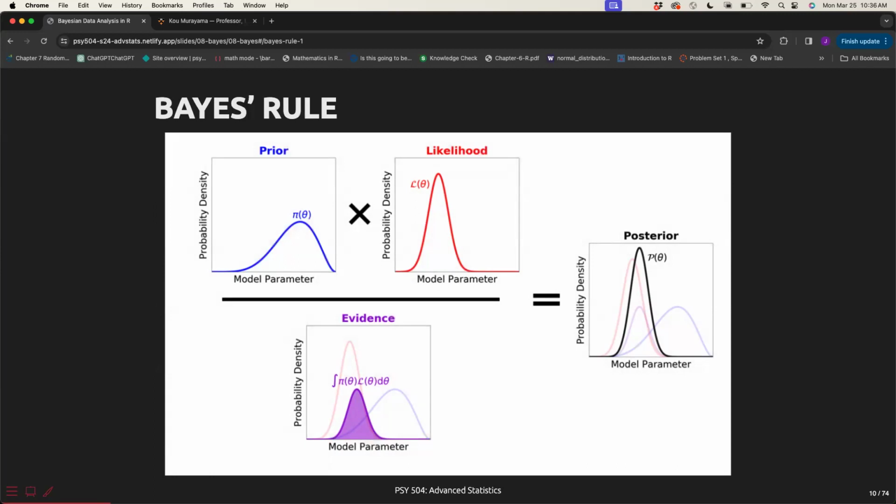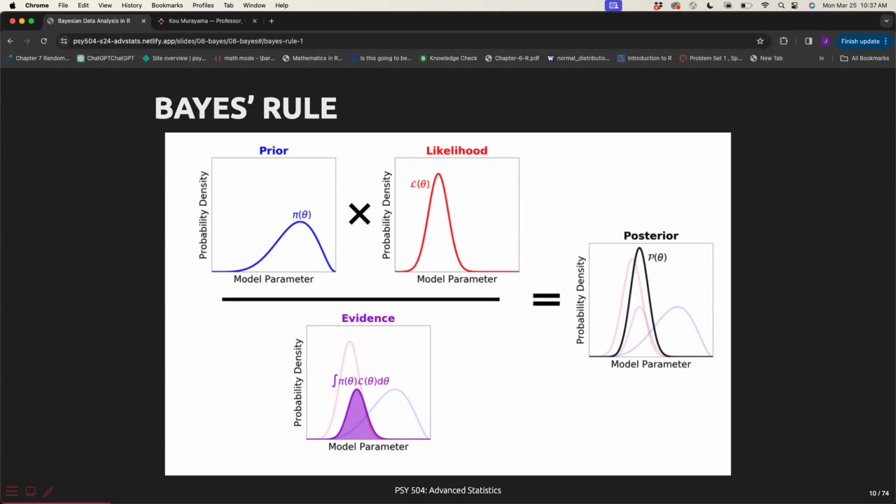So we can see here that the posterior, this distribution of likely parameter values, is a function of both the prior, and this prior has likely values associated with it, times the likelihood, which has associated values with it, divided by the evidence here. And we can see that the evidence, or the marginal likelihood, is just the integration or the sum across the entire parameter space here.